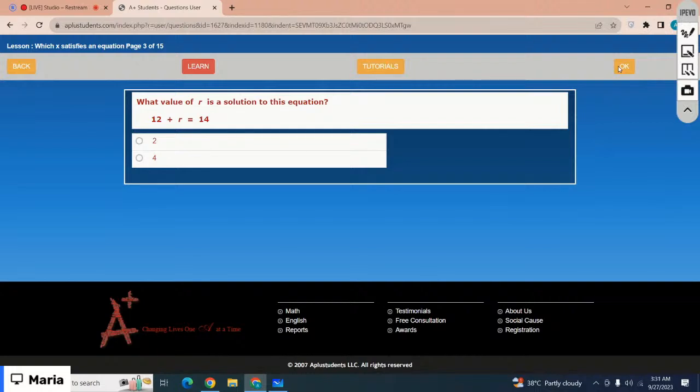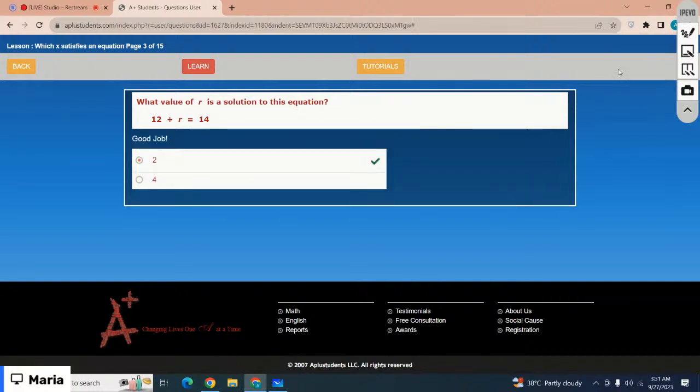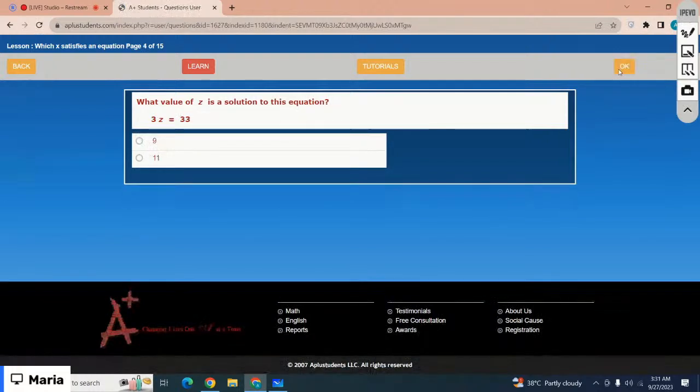The correct option is 2, because 12 plus 2 makes 14. Very good. Yes, it is 2.